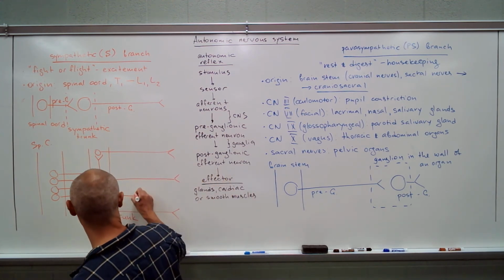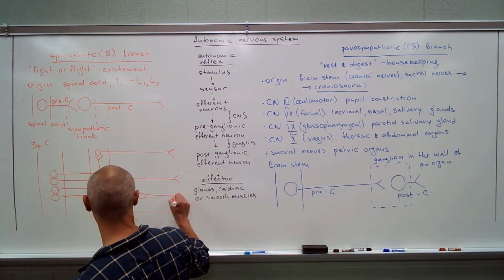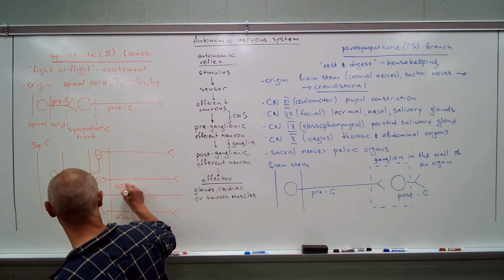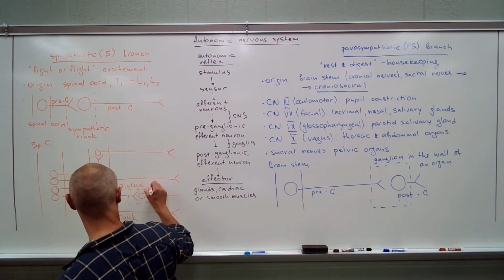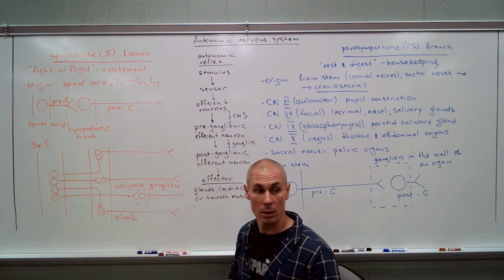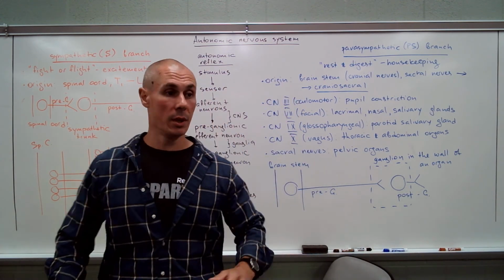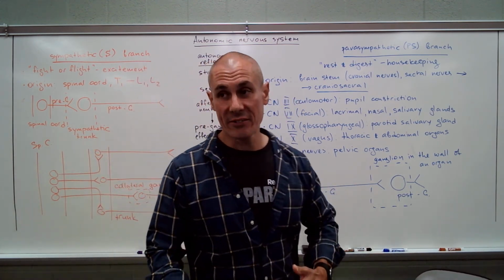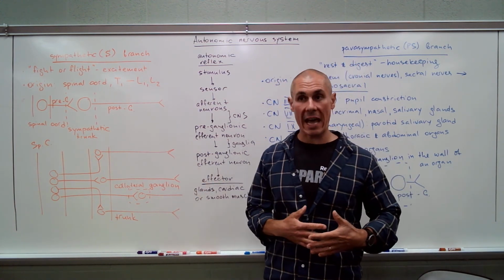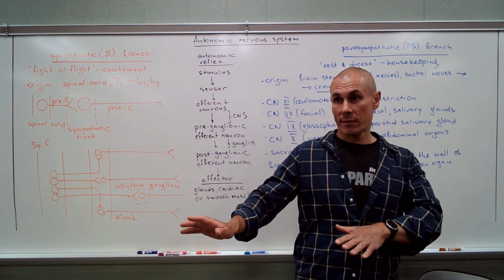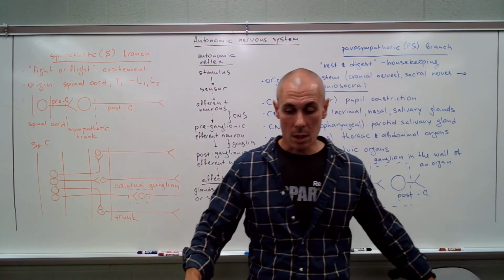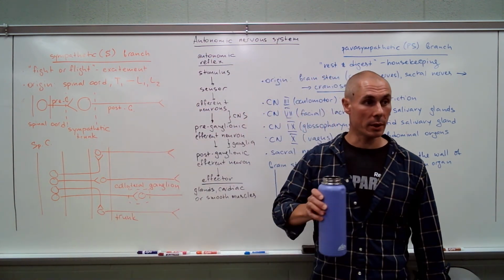And it synapses with a postganglionic neuron in what is called a collateral or peripheral ganglion. So for instance, there are some sympathetic preganglionic fibers that will form individual ganglia in the abdominal cavity. Not in the walls of organs, not in the sympathetic trunk, just another location. Are we good on this anatomical part?